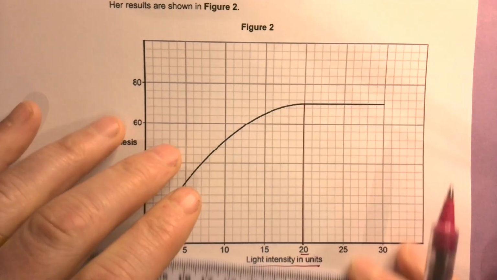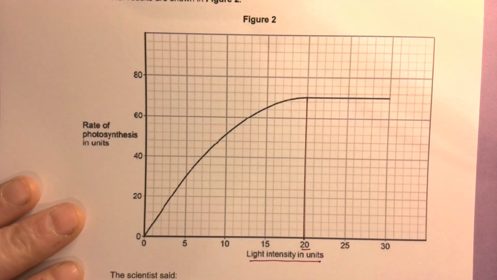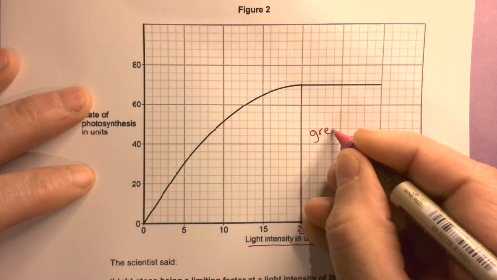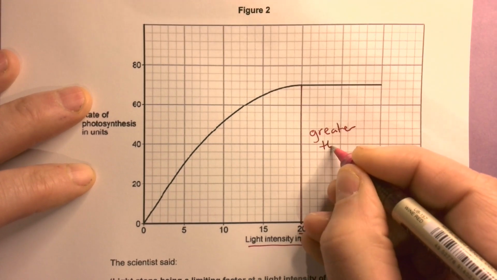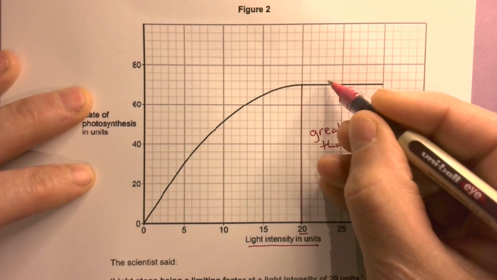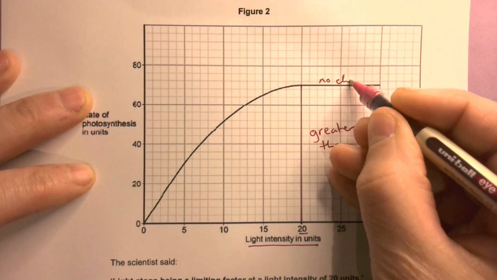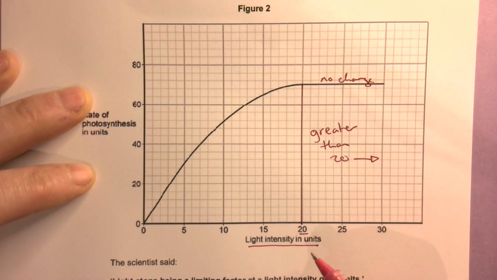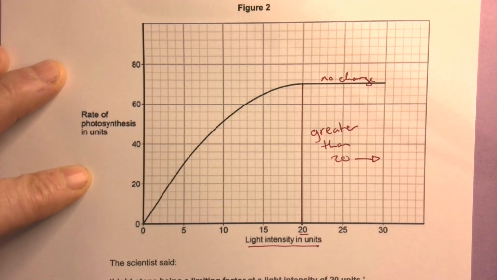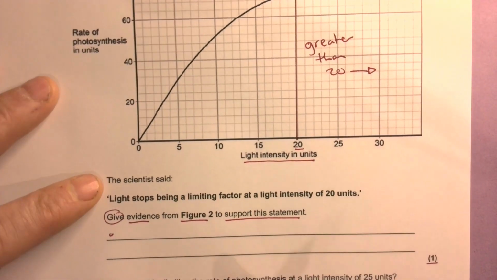Well, I can see there, but light intensity is greater than, so this is greater than 20. Going that way, there's no change. That remains constant, doesn't it? Less than 20, it changes, but greater than 20, there's no change. So give evidence.